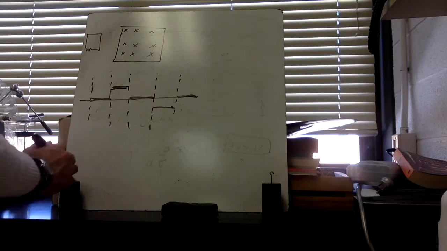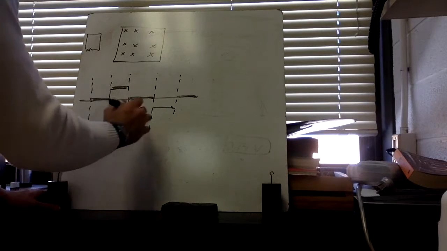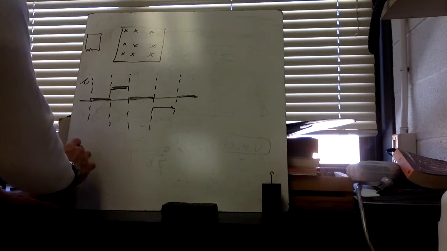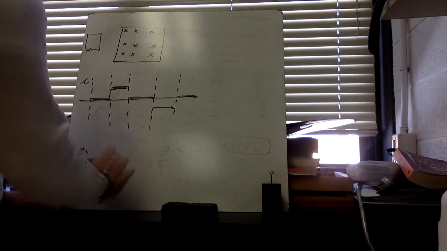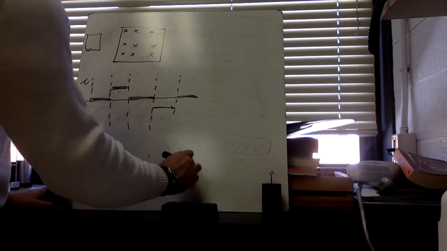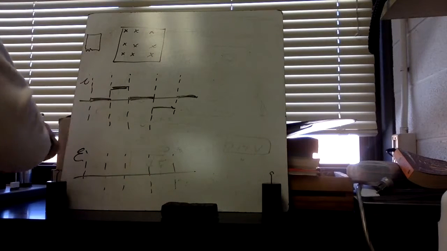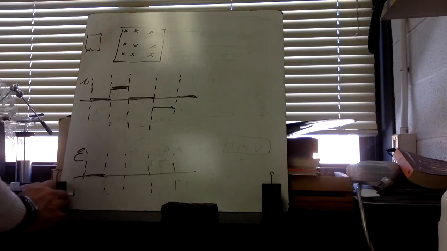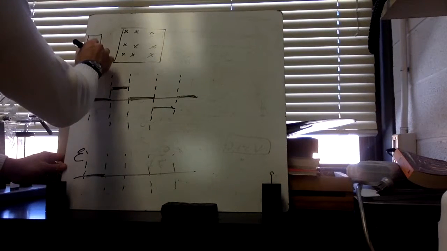Okay, so this is for the current, and then for the EMF, we can repeat this same kind of thing down here. And so if there's no current, then there is no potential difference between these 2 points C and D, if C is over here and D is over here.